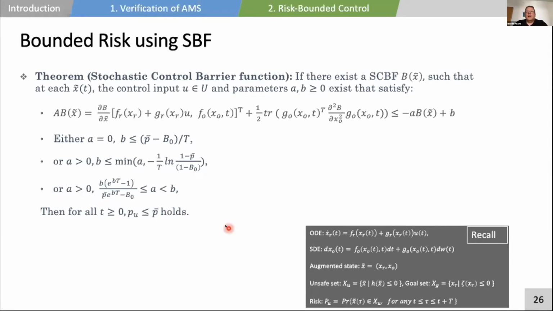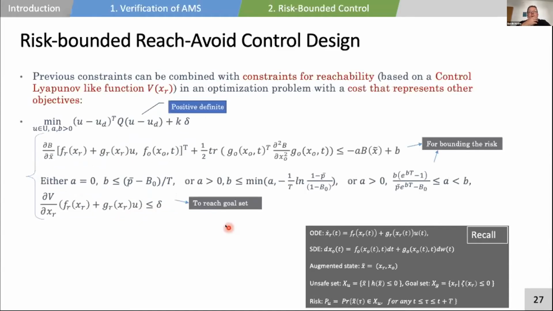Okay, so now we are ready to synthesize the controller. These previous constraints that we discussed can be combined with reachability constraints based on a control Lyapunov-like function in an optimization problem with a cost that represents the other objectives.